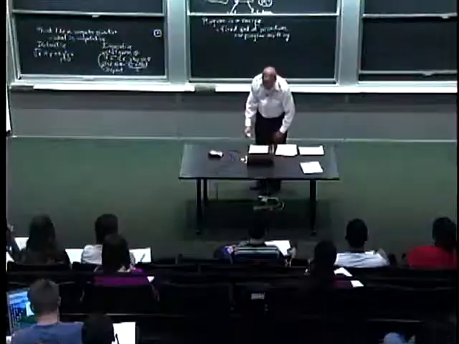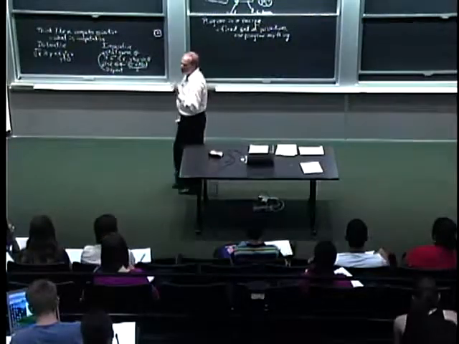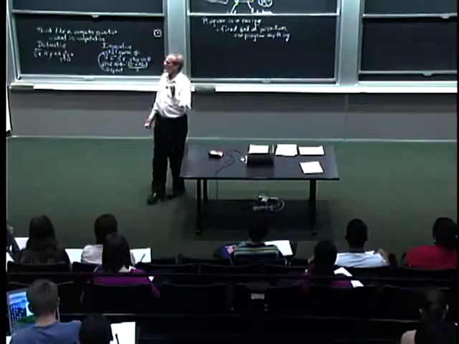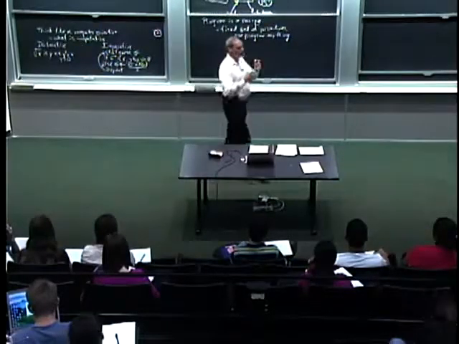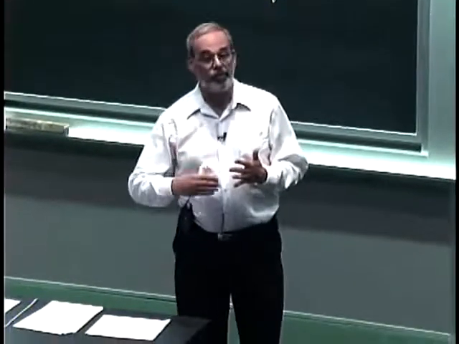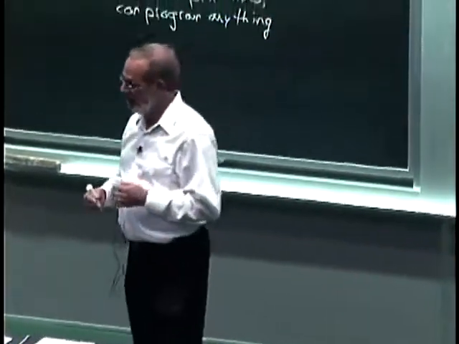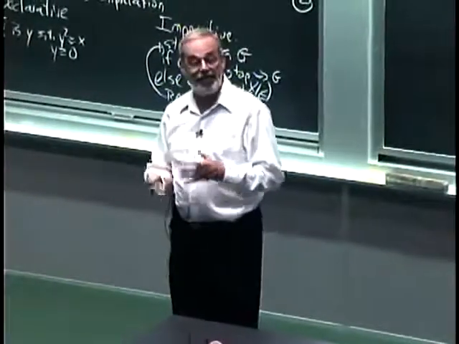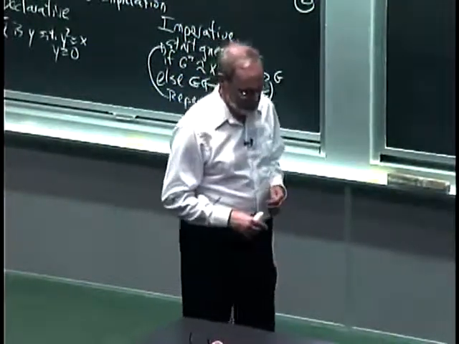Okay, so where are we here? What we're saying is, in order to do computation, we want to describe recipes. We want to describe this sequence of steps built on some primitives. And we want to describe the flow of control that goes through those sequence of steps as we carry on. So the last thing we need before we can start talking about real programming is we need to describe those recipes. All right?